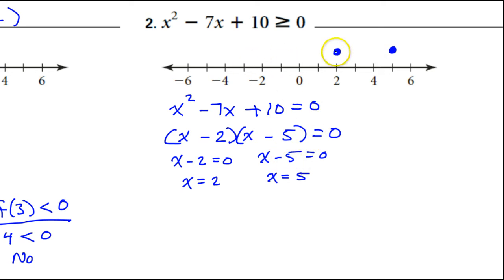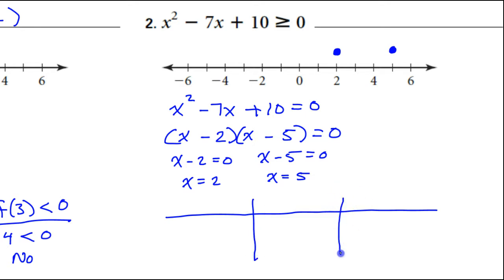Okay, now, these endpoints have separated the number line into 3 zones. We have this interval to the left, this interval between the 2 zeros, and the interval that is to the right. So it is time to pick a test value in each one of these intervals to see whether or not the interval contains solutions to the inequality.